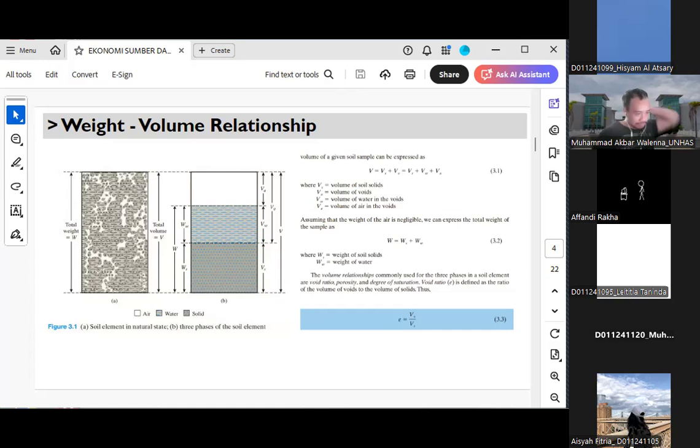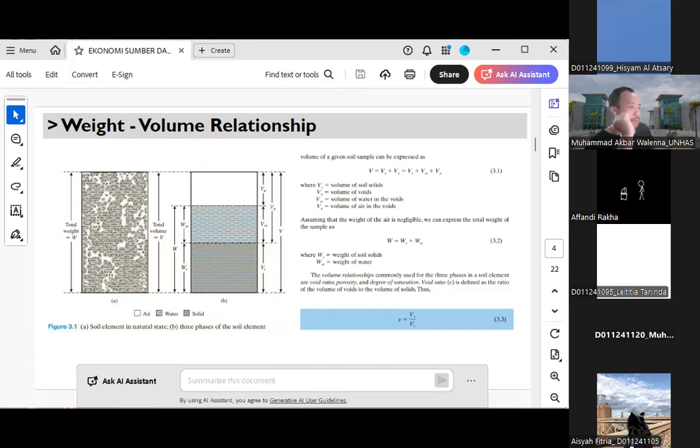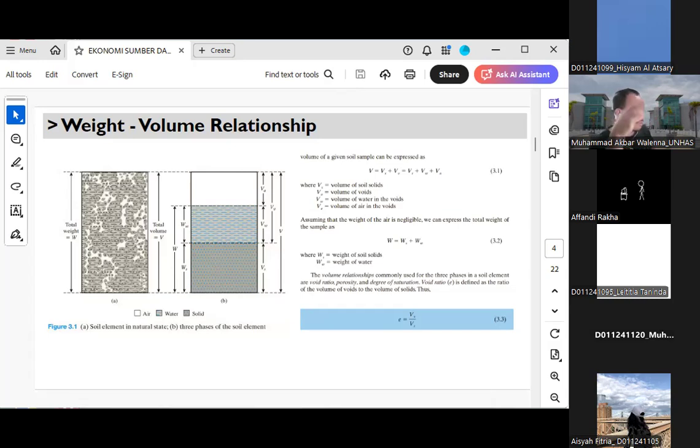Now, what you want to do next is to understand the next relationship, which is the e, or void ratio. Now, when we are talking about void ratio, as I mentioned before, it relates to the amount of voids or pores. So void ratio actually tells us how much empty space the soil has compared to the solid, per the space being occupied by the solids.